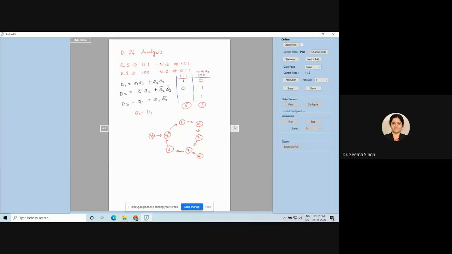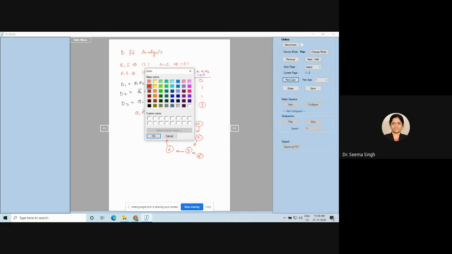Now what happens for T flip-flop and SR flip-flop? Can you check and tell me? Yes, I had asked you to do all of them while taking attendance. So now somebody should tell me what is happening for T flip-flop. I want the T flip-flop analysis, whether it is self-correcting or not.